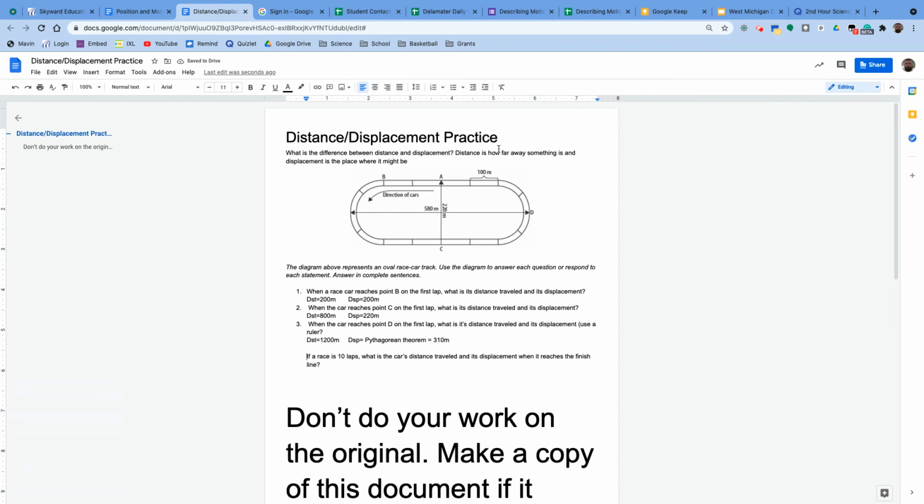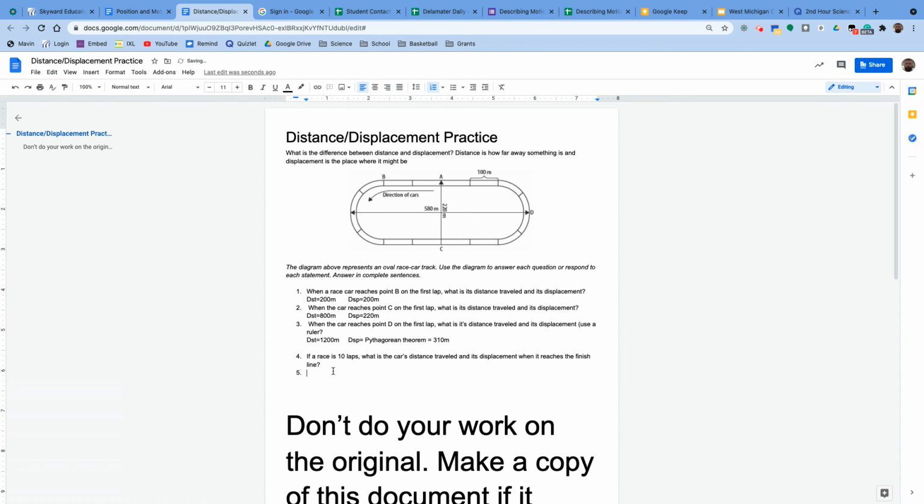Okay, so next is if it were 10 laps, so you would have to go all the way around 10 times. So I know it's 12 to here, 13, 14, 15, 16.